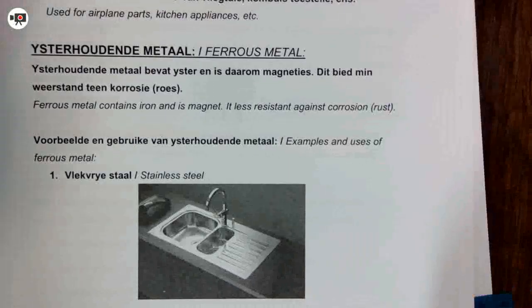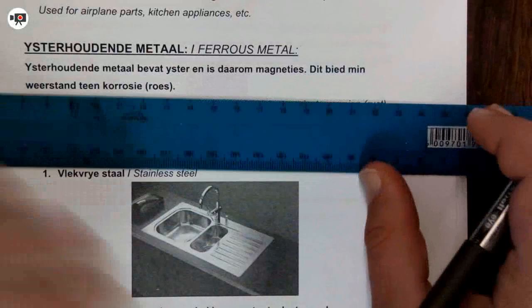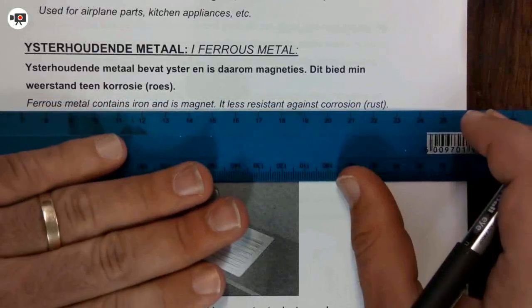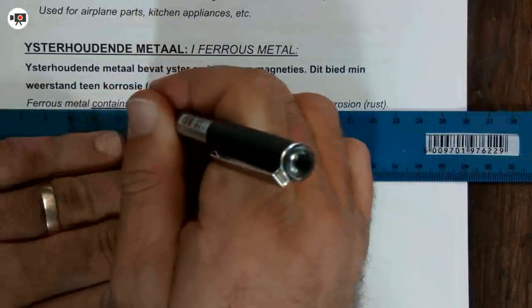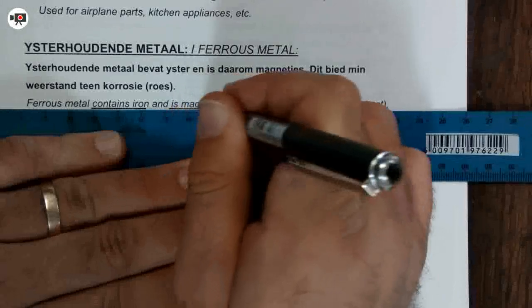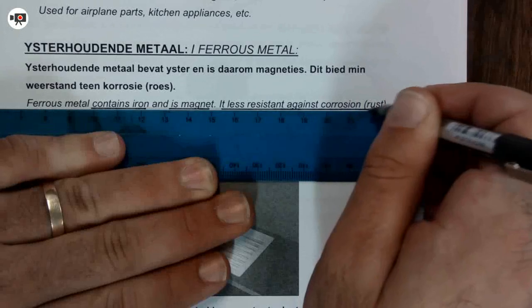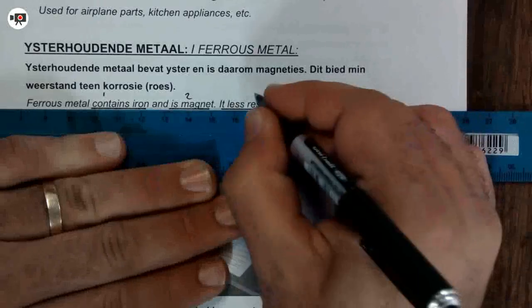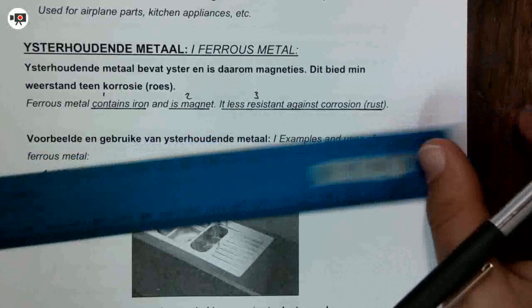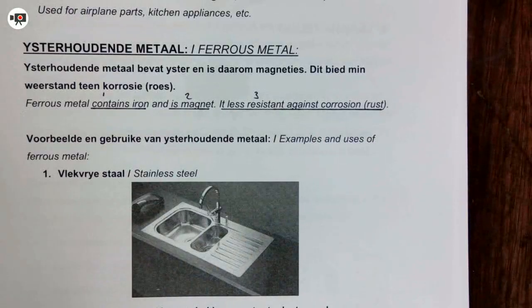So the same thing with the non-ferrous metals. Underline the correct parts. We go in again. Ferrous metal contains iron, is magnetic, less resistant against corrosion or rust. Number 1, 2, and 3. That is the characteristics of ferrous metals.